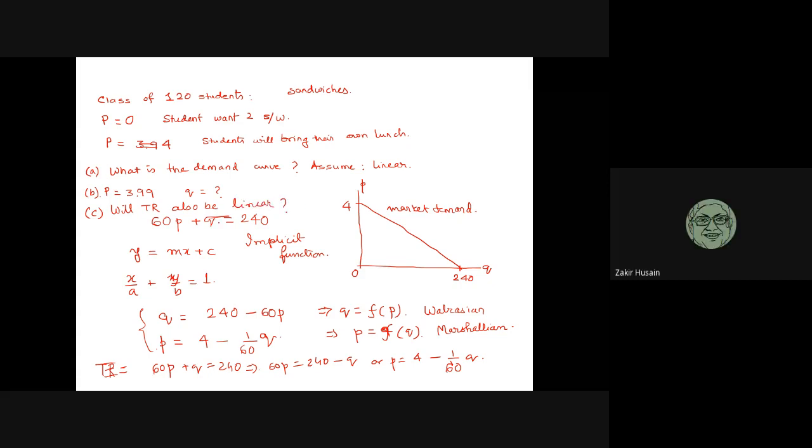Yeah, so find out in this case what will happen. So you have q equal to 240 minus 60p. No, sir, it won't be linear.